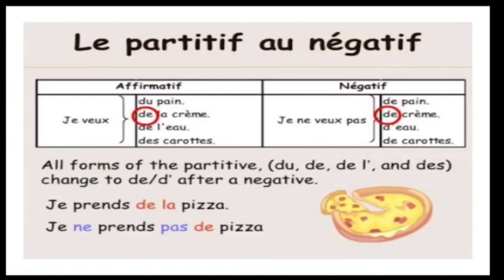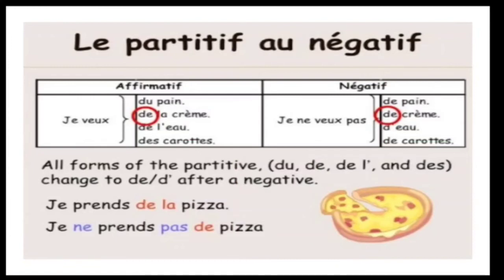Je ne veux pas de pain, I don't want the bread. Je ne veux pas de crème, I don't want the cream. Je ne veux pas d'eau, with d' because the noun begins with a vowel, I don't want the water. And next, je ne veux pas de carottes, I don't want the carrots. See, all forms of the partitive, du, de l', de la and des, change to de or d' after negative.